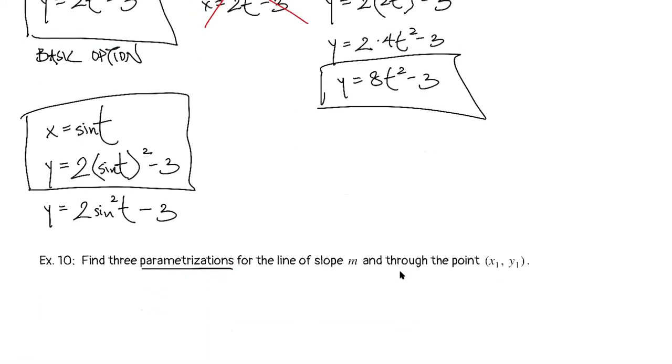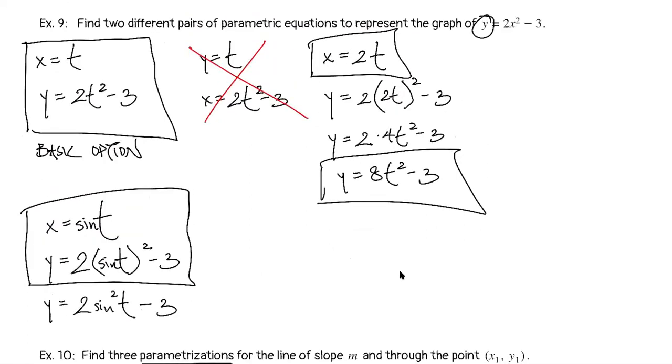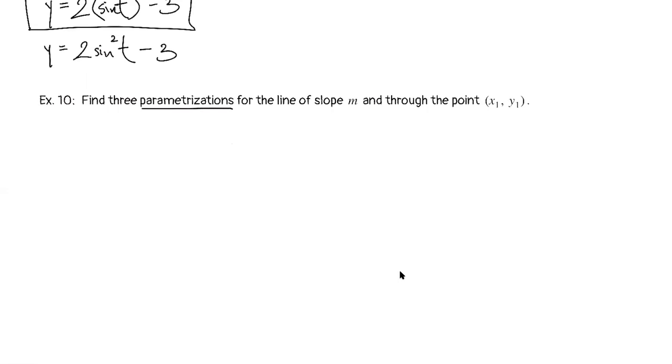The first thing I'm going to do is write out the rectangular equation that goes with the slope and the point, like how I had y equals 2x squared minus 3 in number 9. So I get y minus y1 equals m times (x minus x1). This is my rectangular equation.